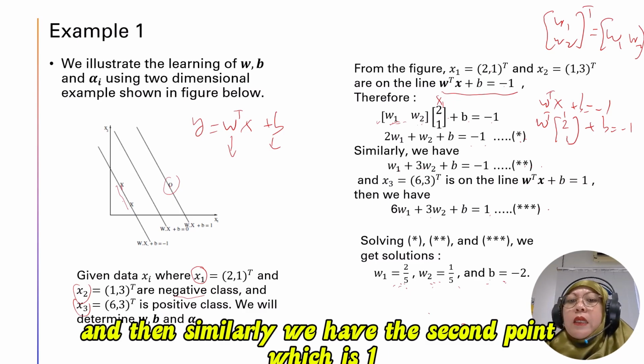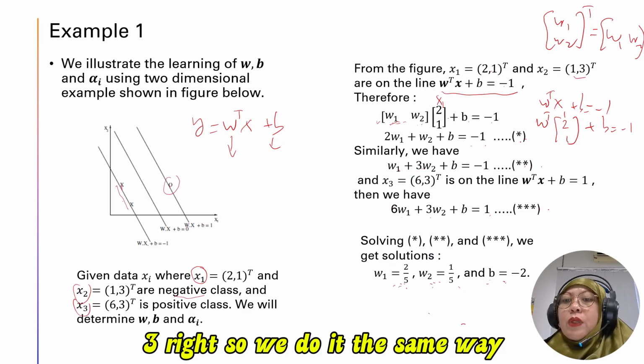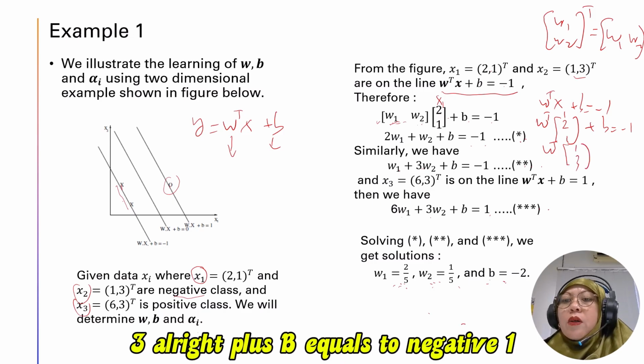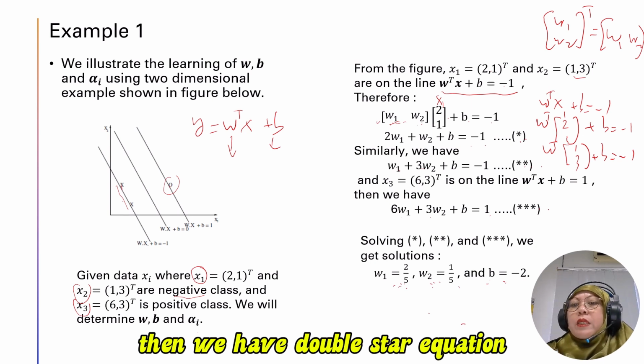Similarly, we have the second point, which is (1, 3). We do it the same way. So we have W transpose times (1, 3) plus B equals -1. This is the double star equation.